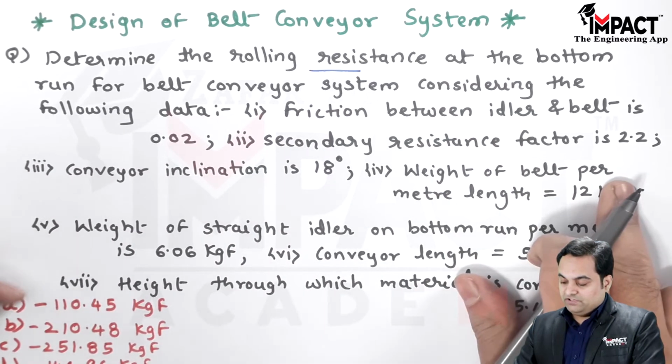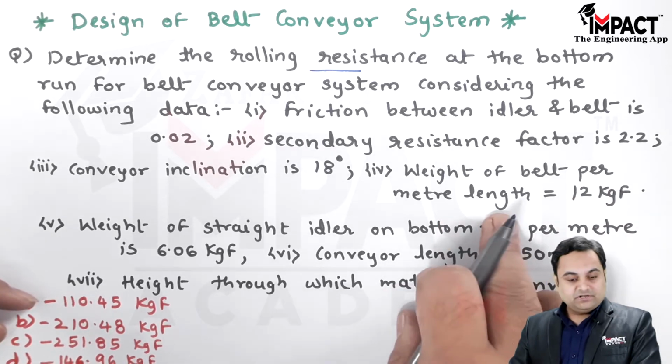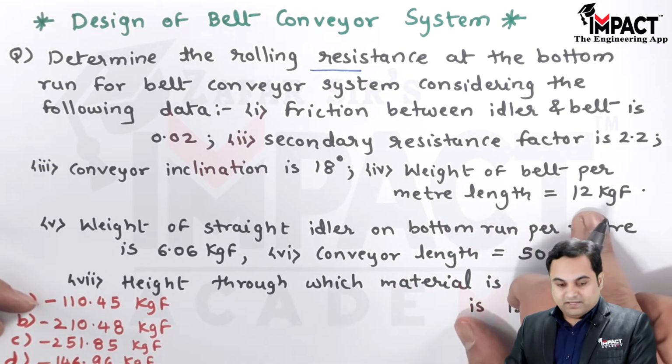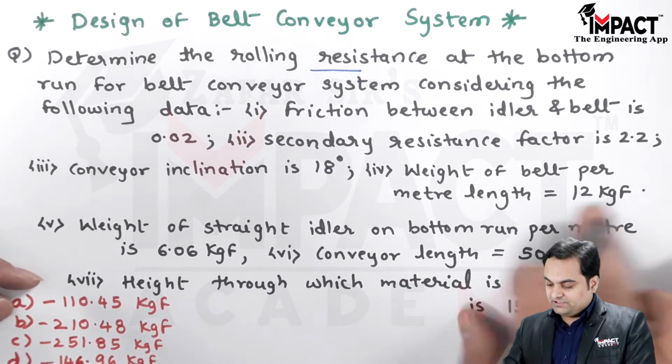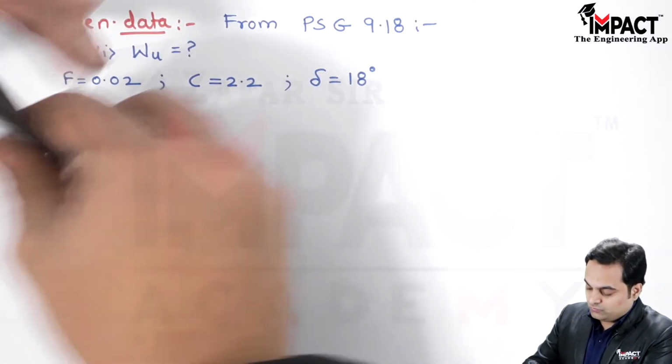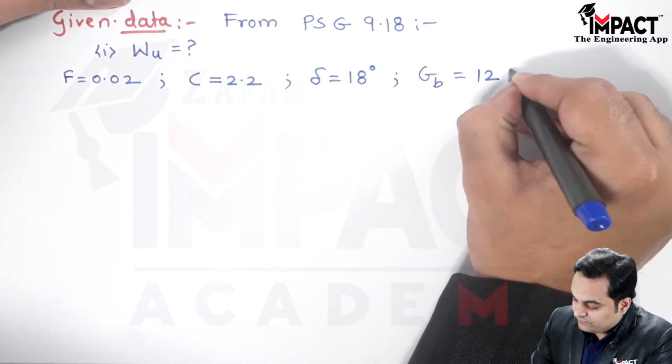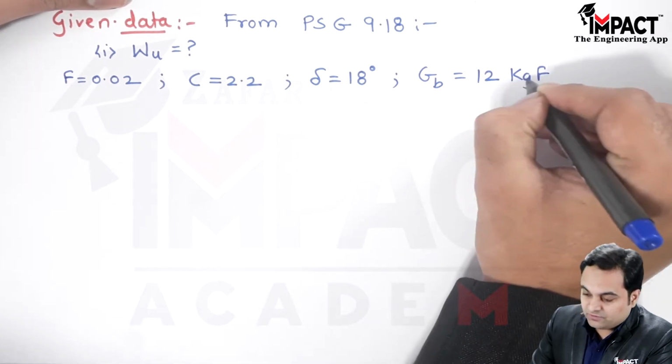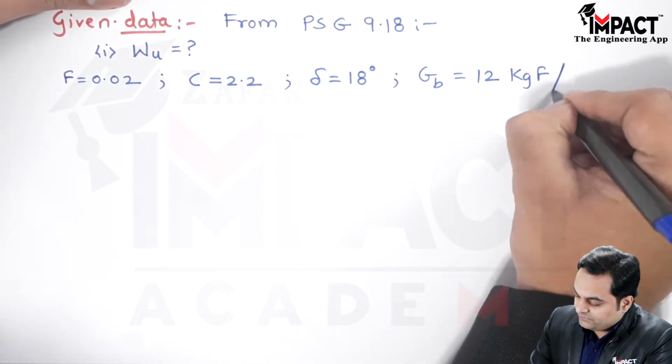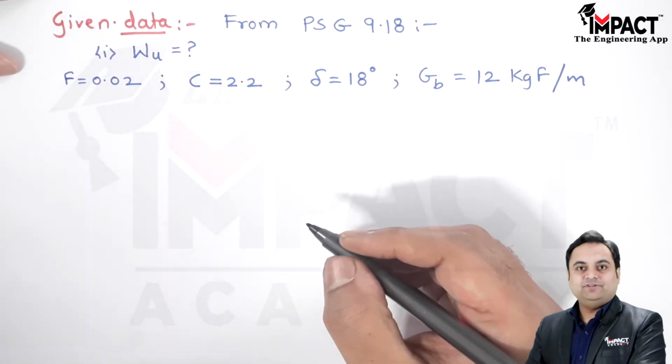Then the weight of the belt per meter length, that is denoted by G suffix B, it is 12 kgf per meter.